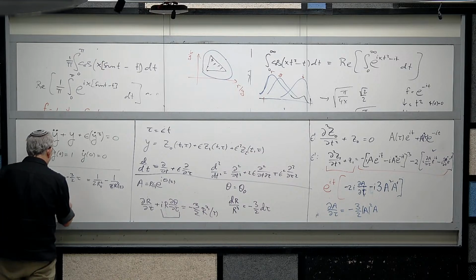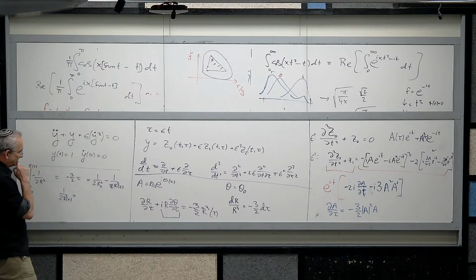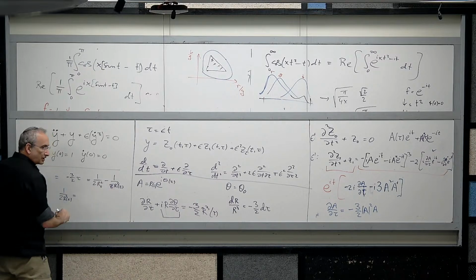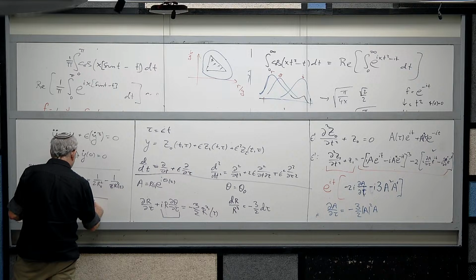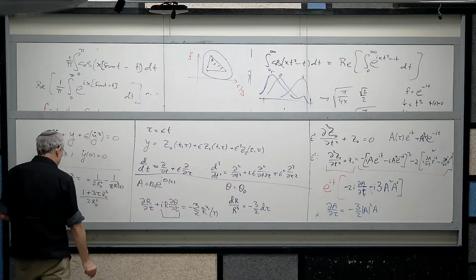So 1 over 2 r of tau squared, I'm taking this to the other side, so both of them are positive. And I have 2 r naught squared here, and here I have 1 plus 3 tau r naught squared.